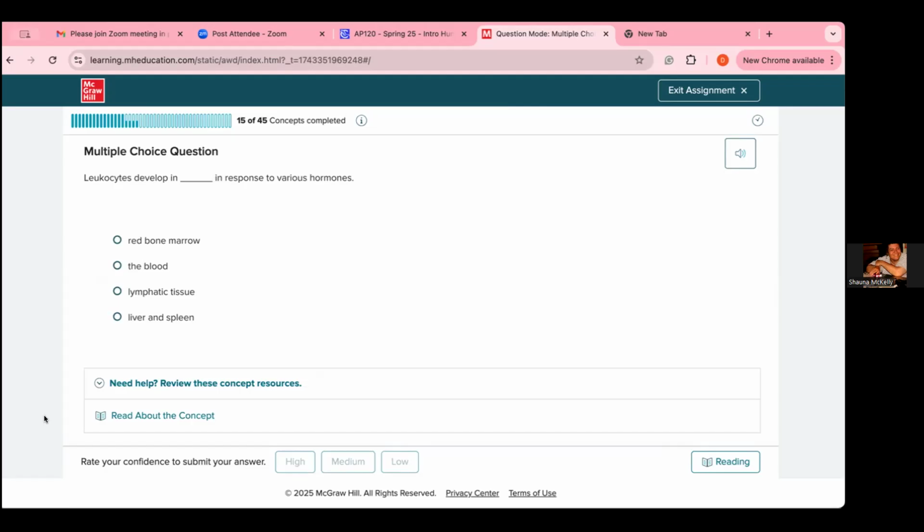Leukocytes develop in... let's see. Hmm, it's not going to let me see that.